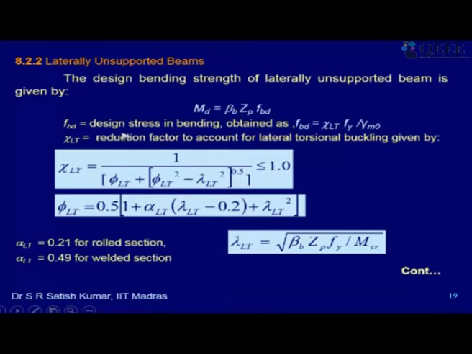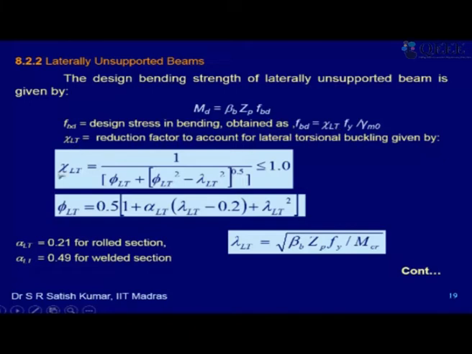The design bending stress itself is obtained as chi LT into Fy by gamma m0, as we did for a column. So FCD was something similar. The only thing is the chi here we differentiate by putting LT. LT stands for lateral torsional buckling.